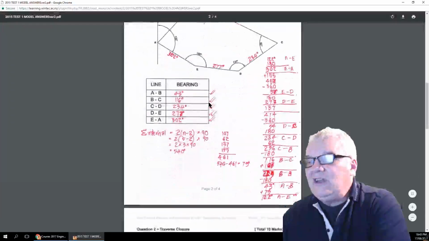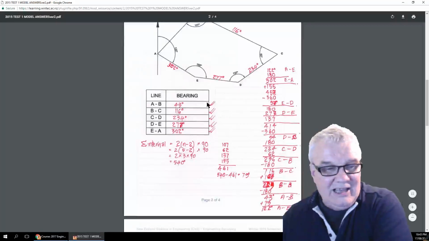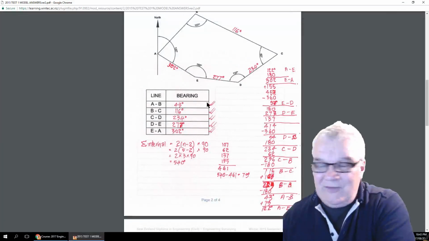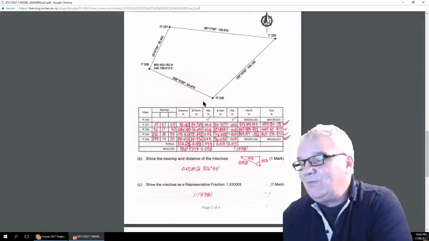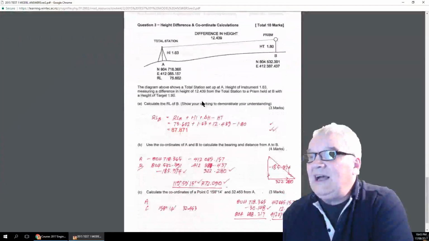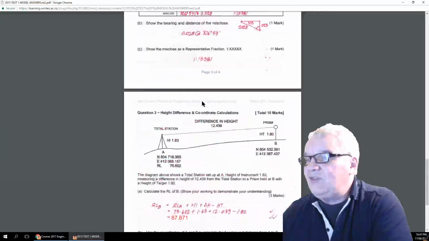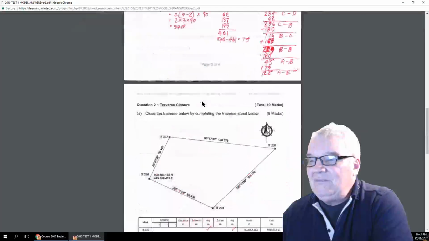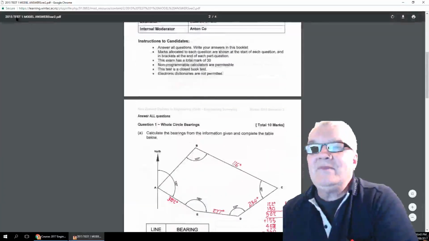So there's the first question, whole circle bearings, all-time favourite with most surveyors. A traverse closure, so that shouldn't be too bad. A height difference and coordinate calculation. So that was the test there for test 1.